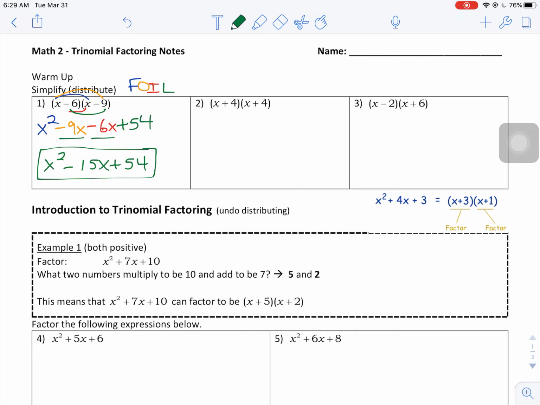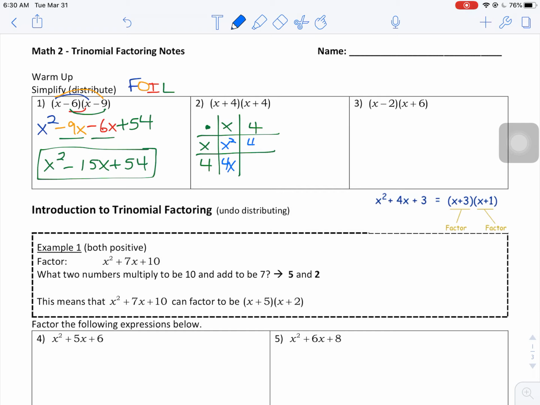On number 2, I'll do the box method to mix it up. You've probably noticed I definitely prefer foiling, but the box method is also a perfectly acceptable way to do these types of problems. And let me do a different color. So x times x is x squared. 4 times x is 4x.